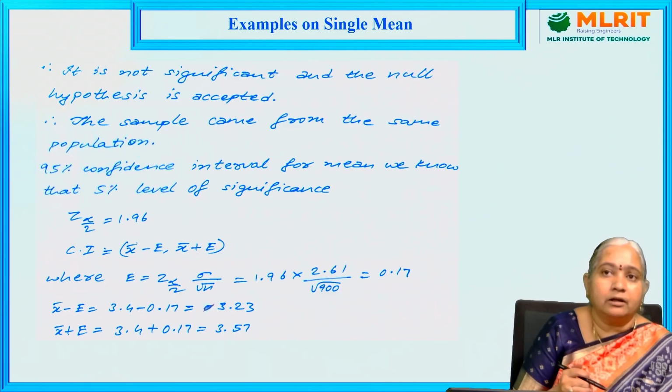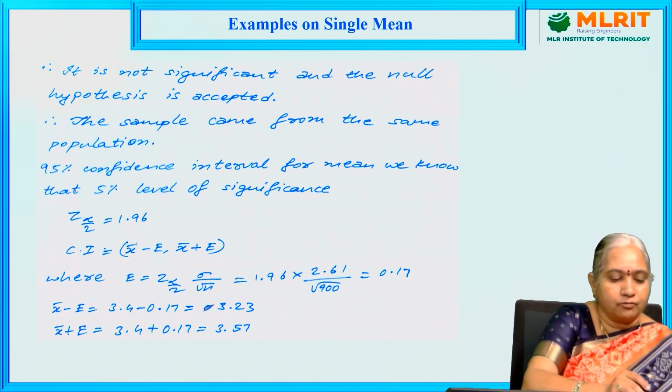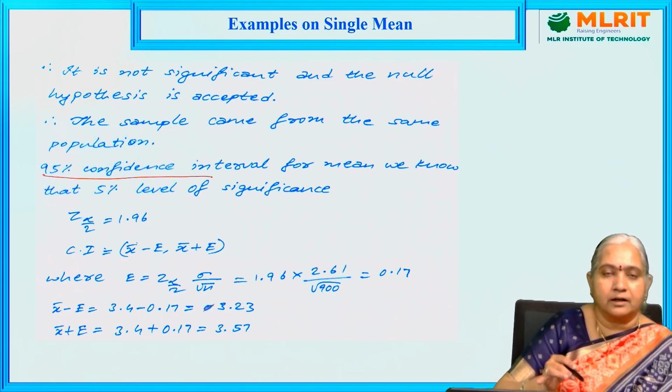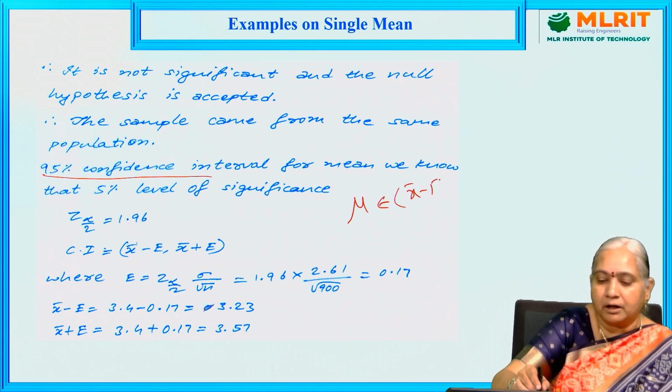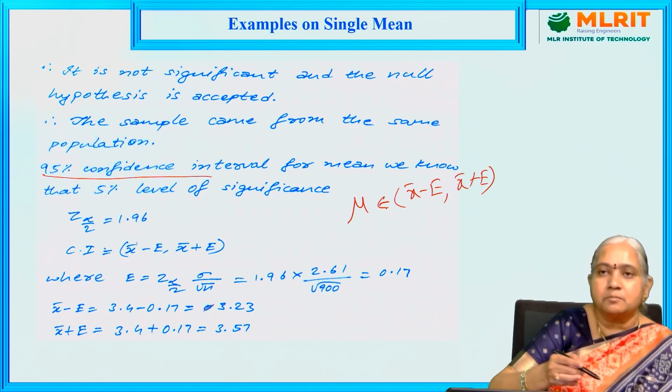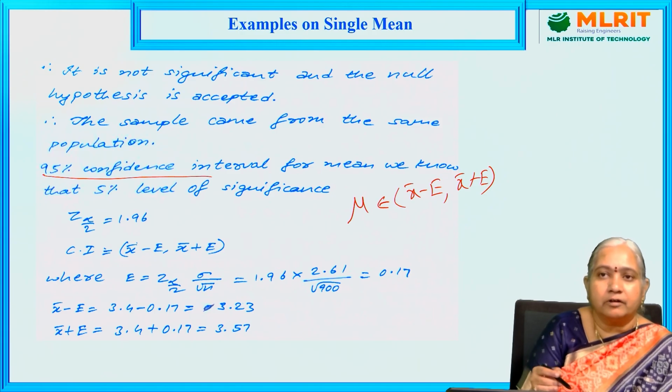Now we calculate the confidence interval for population mean. So in which interval does the population mean belong? So for 95% confidence interval, the formula is mu belongs to x bar minus e comma x bar plus e. X bar is the mean of the sample, E is the maximum error in our estimation and E equal to Z alpha by 2 into sigma by root n.